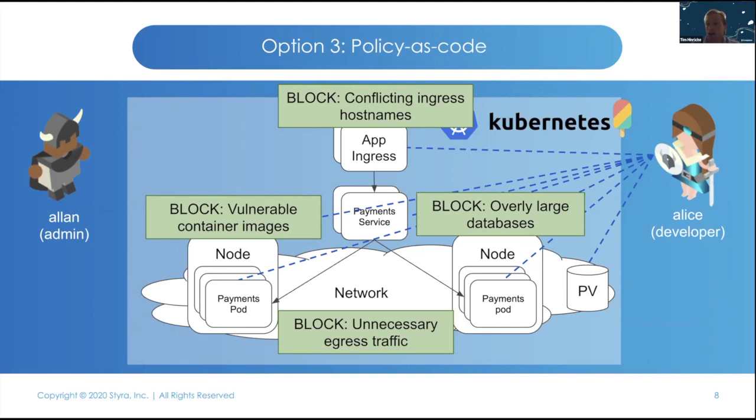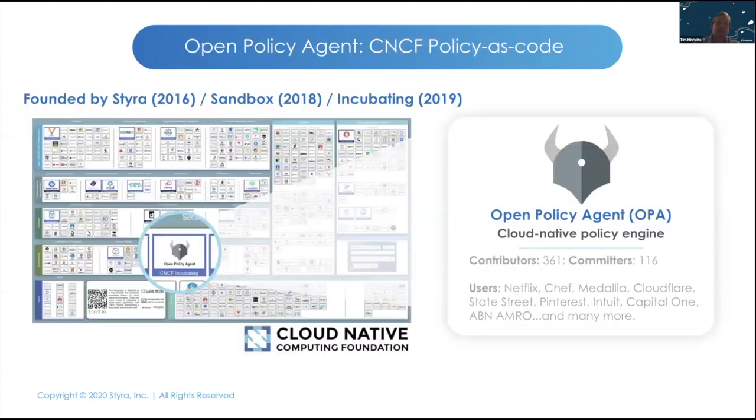So that if we've been on call for 24 hours trying to deal with an outage and we fat finger a configuration, we've got a piece of software that is responsible and able to help us avoid those mistakes that could cause outages or security vulnerabilities or compliance missteps. So that's the idea here. Policy as code, that's what we're going to be talking about today. And so this is where the Open Policy Agent comes into the picture.